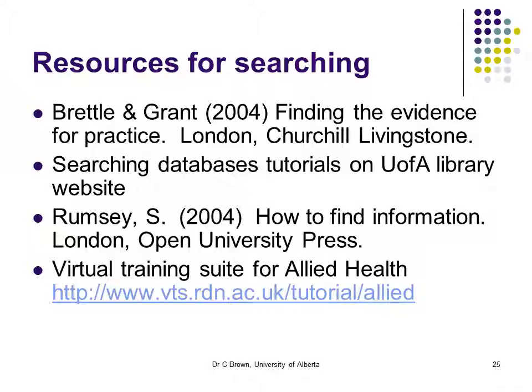If you're needing to go on to internet searching for some reason, you can't find everything that you need in a Scopus search, then you want to look at the virtual training suite for allied health, because they'll help you walk through finding the right online databases that you might need to use. But most of you are going to find everything that you need within the university holdings, right? That's the whole point. You already know that those are quality journals where you should be looking, as opposed to just trying to do a Google search and hoping for the best.